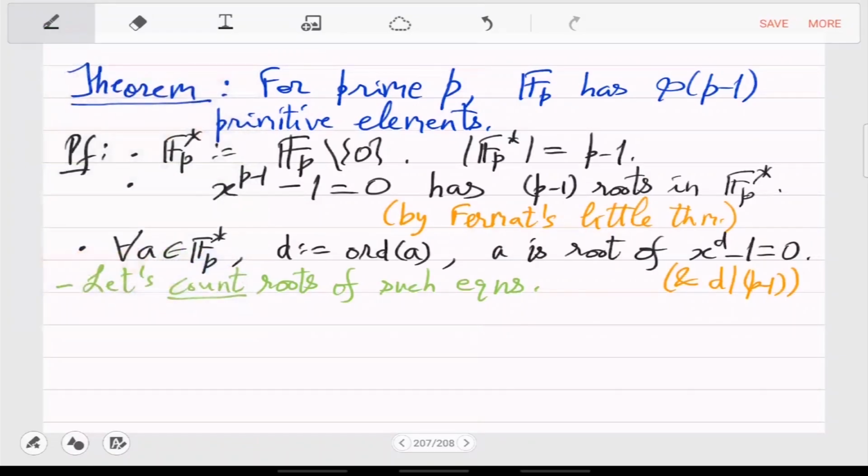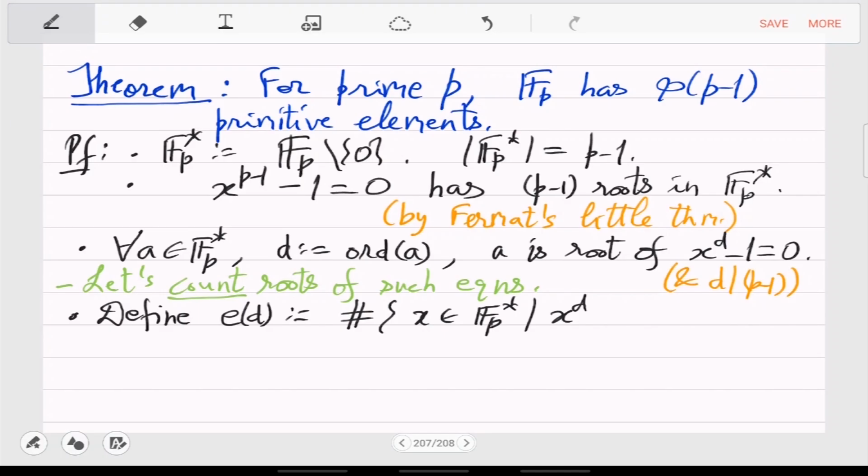So the trick is that you define E of D to be the number of roots of x to the D minus 1. And with this E of D, you can show that if you go over all the D's, what do you get?